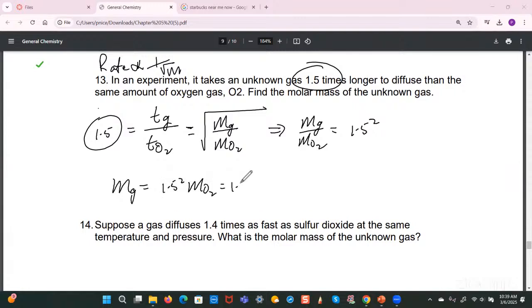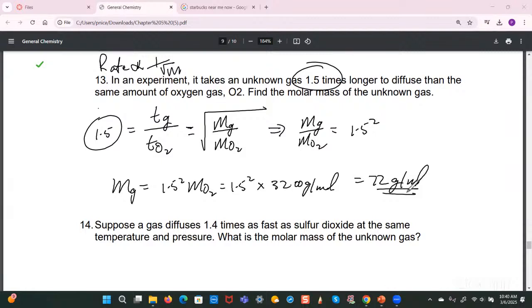So that's 1.5 squared, and the molar mass of O2 would be 32.00 grams per mole. So let's see what that gives. 1.5 squared times 32, and according to my calculation, this works out to be equal to 72 grams per mole. And that's how you do that.